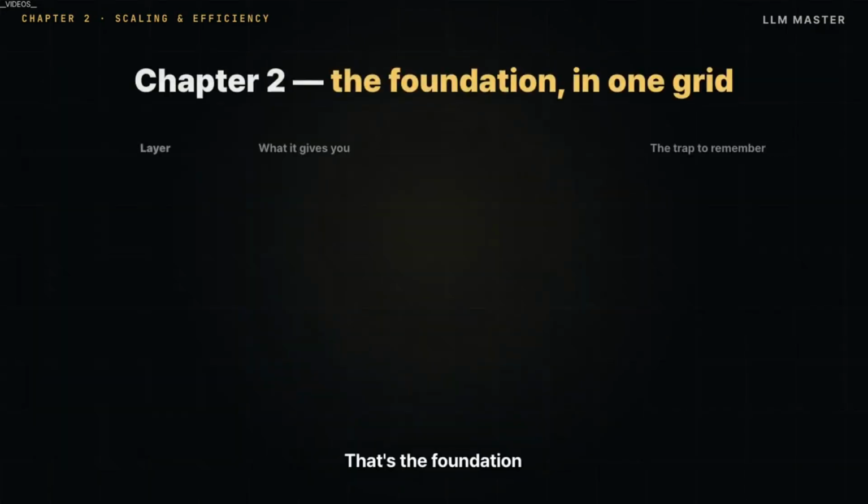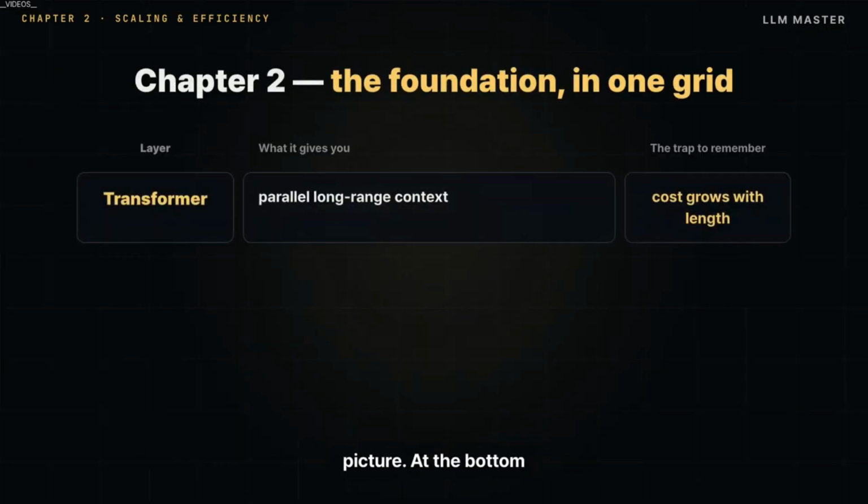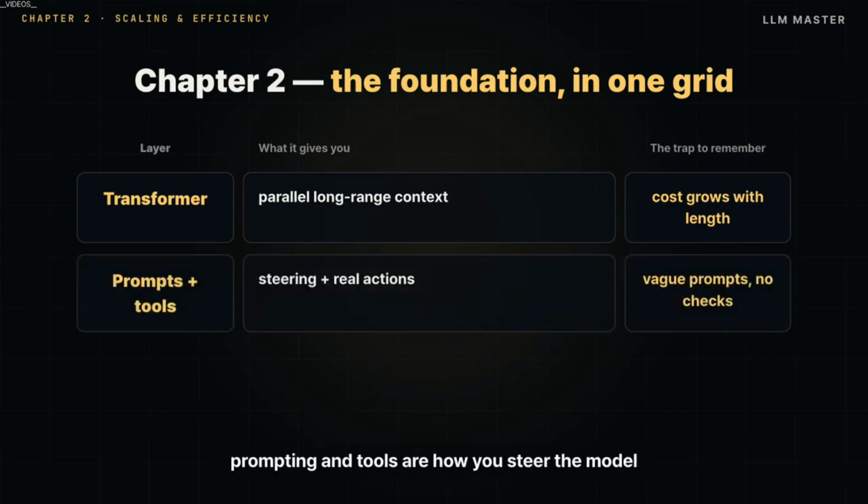That's the foundation. Step back and hold the whole chapter as one picture. At the bottom, the transformer gives you parallel, long-range understanding of text. Powerful, but its cost grows with length. On top of that, prompting and tools are how you steer the model and let it act in the real world, undone by vague instructions or by trusting output you never validated.